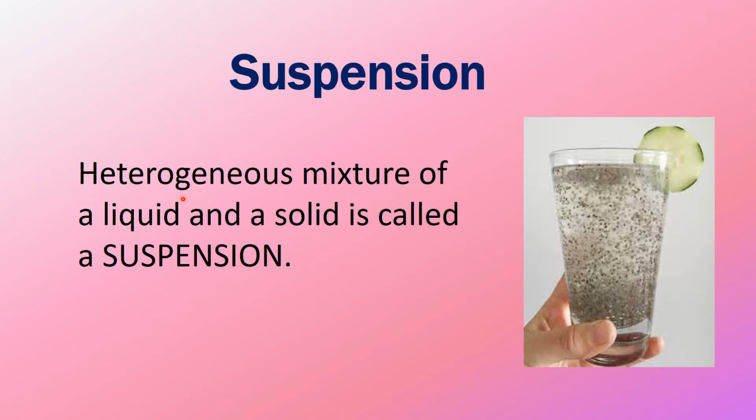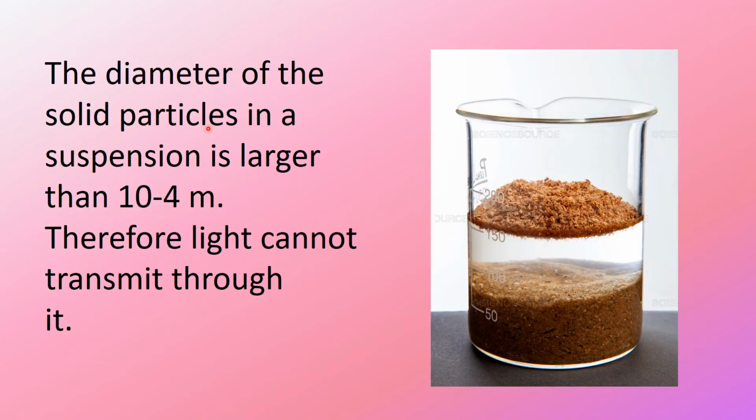Suspension. A heterogeneous mixture of a liquid and a solid is called a suspension. You can see in the picture, this is a heterogeneous mixture and it is called a suspension. See here in the beaker, water and sand are taken and they form two layers, one of sand and the other of water.